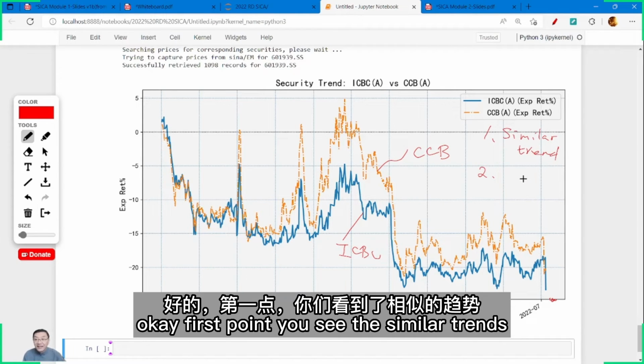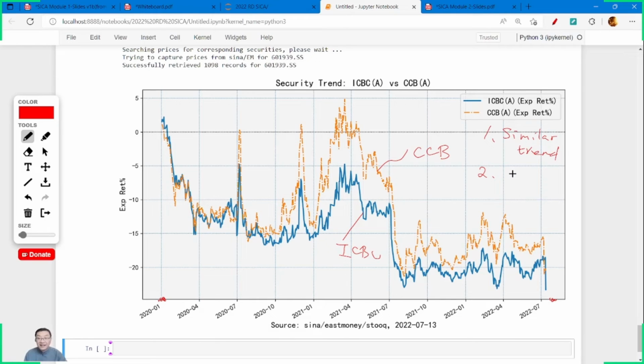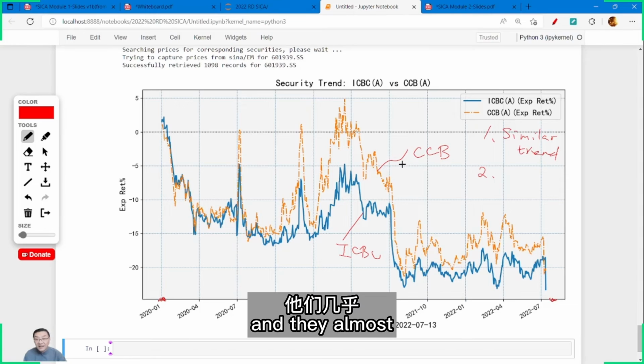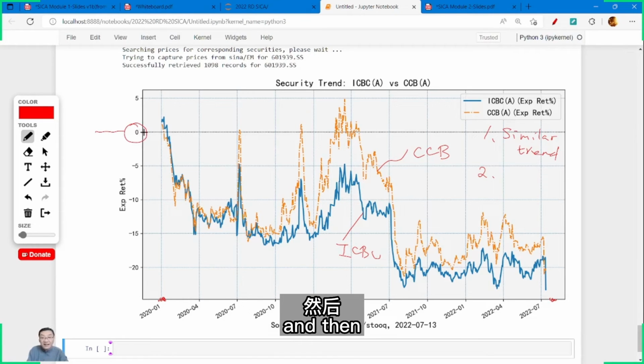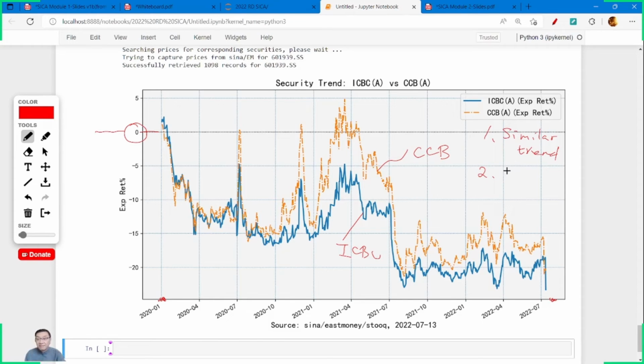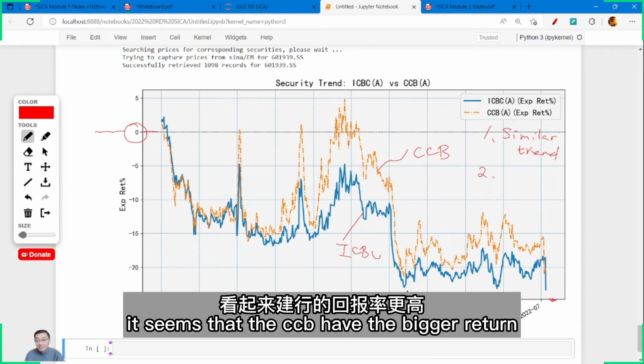But in the former period, it seems that ICBC and CCB have almost the same data, but from April to July 2021, it seems that CCB has a bigger return.